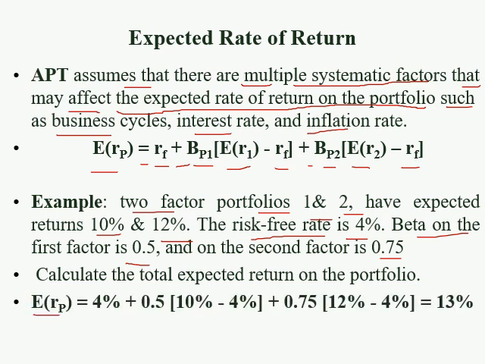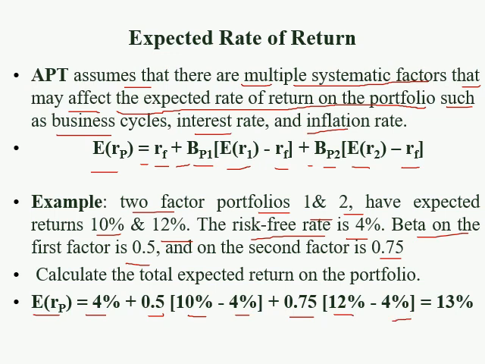Expected return for portfolio B equal risk-free rate 4% plus systematic risk or beta for factor 1 multiplied by expected return for factor 1 minus 4%, that is the risk-free rate, plus 75% beta 2 or systematic risk for factor 2 multiplied by excess return of factor 2, which is expected return 12% minus 4% risk-free rate.